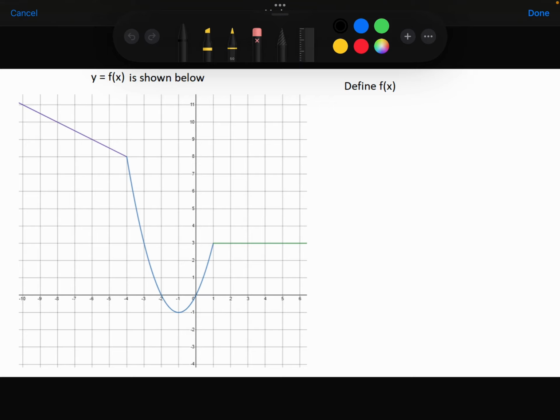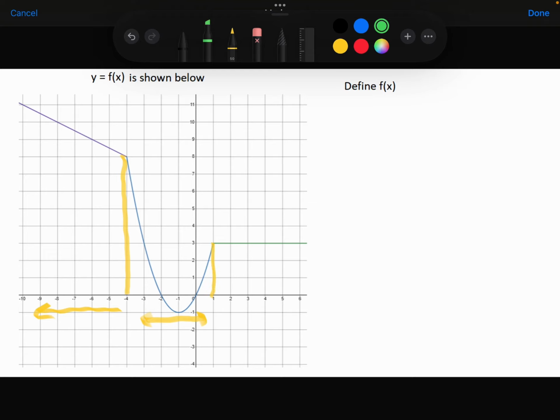I can see the purple part is a straight line, and that straight line has a domain for x less than minus 4. I can see that the quadratic, the blue line, has a domain between minus 4 and 1.